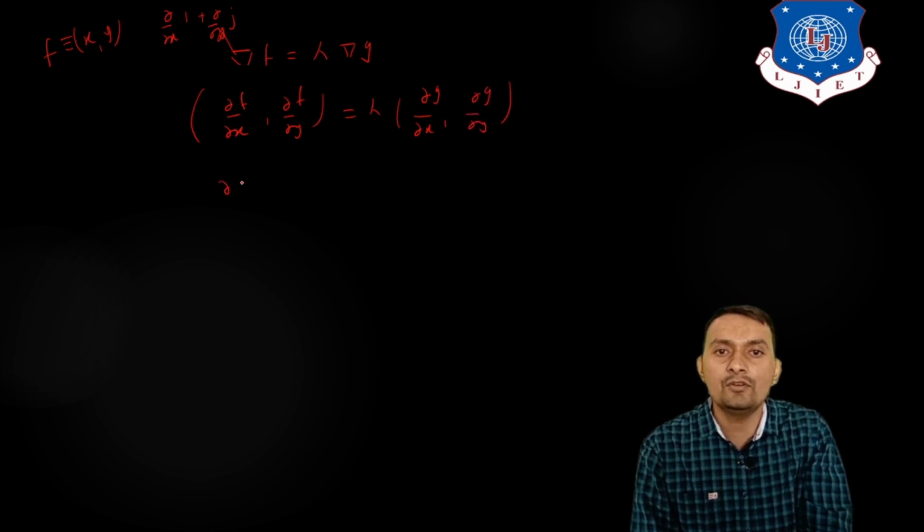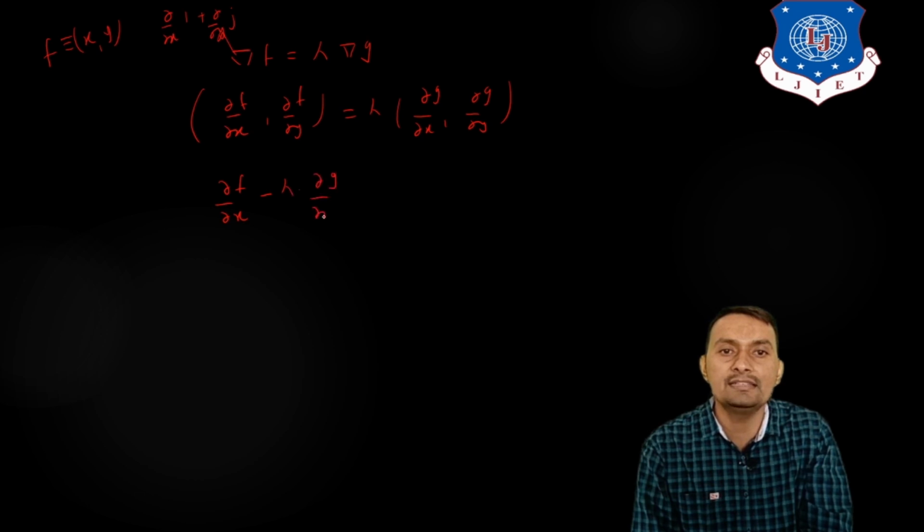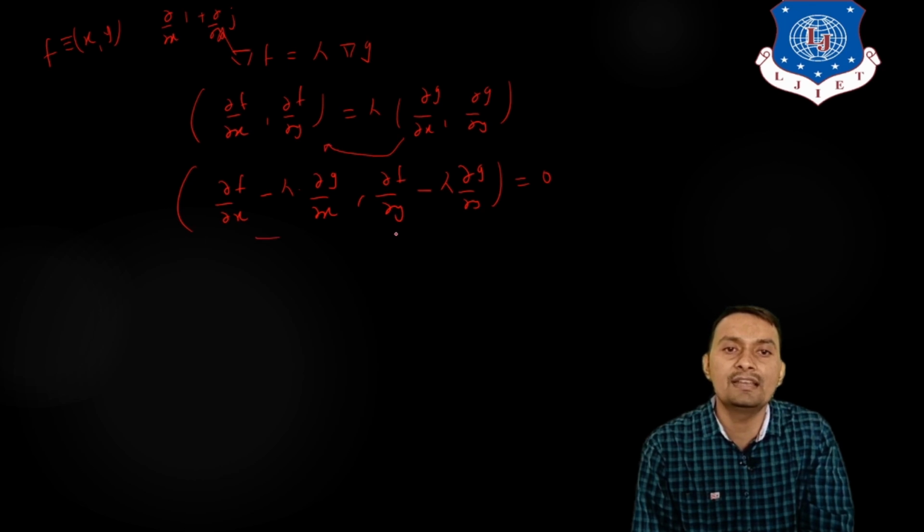From this, if I take this to the left hand side, we get del f by del x minus lambda into del g by del x, and another is del f by del y minus lambda times del g by del y, which is equal to 0.